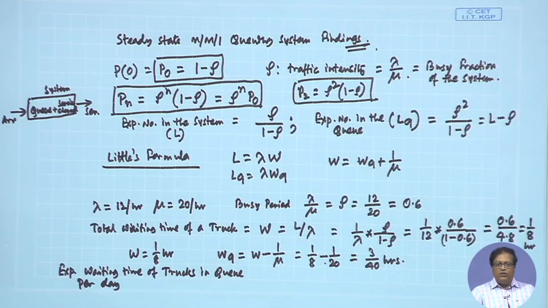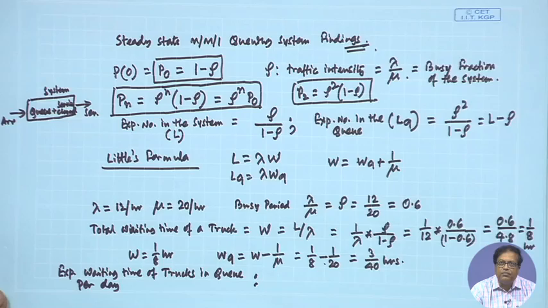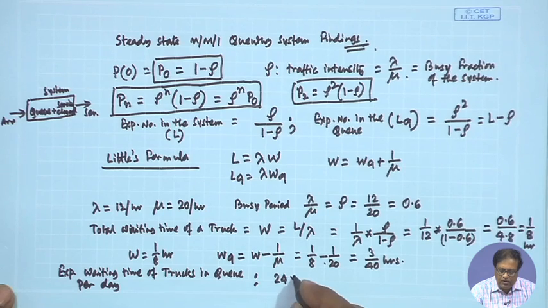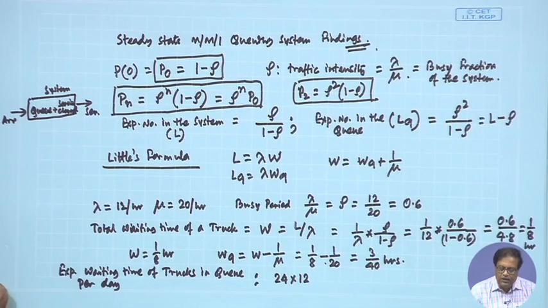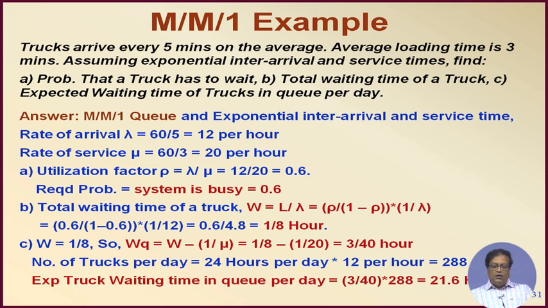Now, if we assume 24 working hours and there are 12 trucks per hour arriving on average, then how many trucks are coming in a particular day? 24 hours into 12, because 12 trucks per hour is the arrival rate, and 24 is the hours in a day.